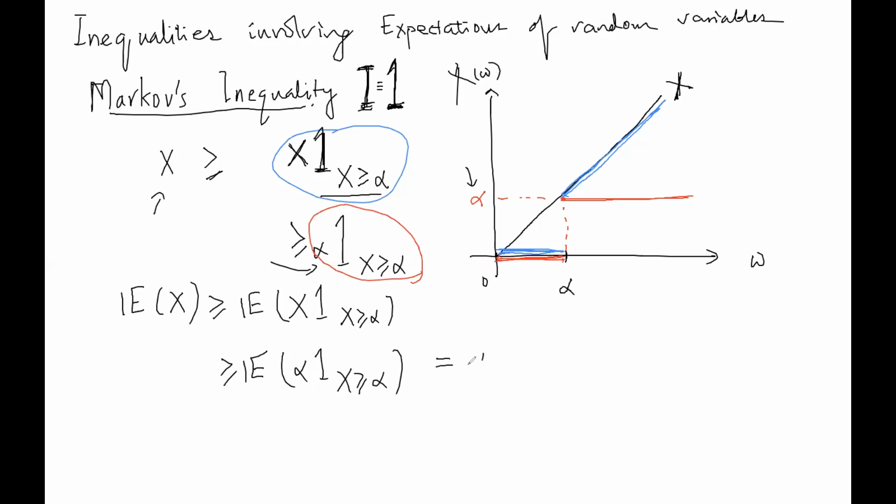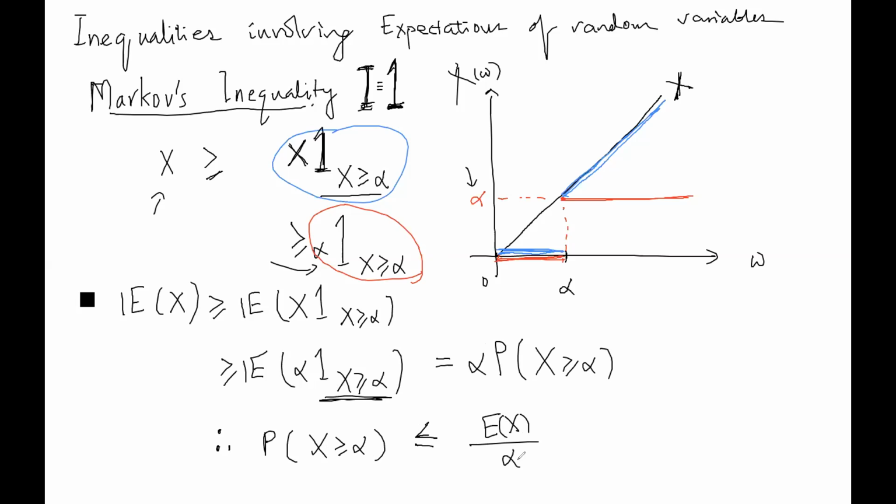And this is equal to alpha times the probability of x greater than or equal to alpha, because of the meaning of the expectation of an indicator function. So you have this, and therefore P of x greater than or equal to alpha is bounded by the expectation of x over alpha. So this is your Markov inequality for non-negative x.